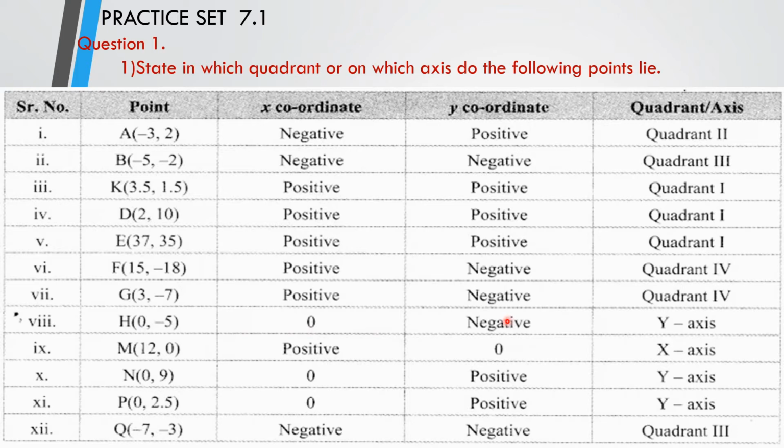Since the x coordinate is 0, the point lies on the y-axis. And M(12, 0), the y coordinate is 0, therefore that point lies on the x-axis. And N(0, 9), the x coordinate is 0, therefore that point lies on the y-axis. And P(0, 2.5), the x coordinate is 0, that point lies on the y-axis. And the last one, Q(-7, -3), the x coordinate and y coordinate are negative. Therefore this point lies in quadrant 3.